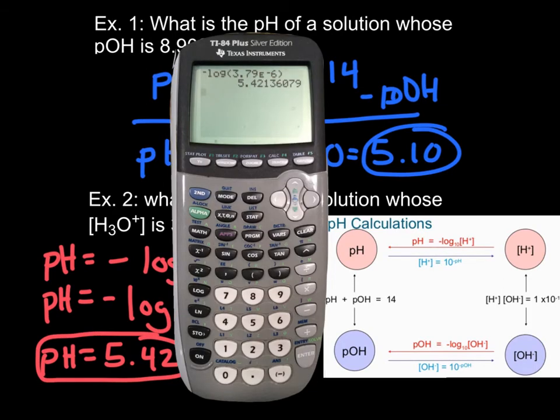If we look at the calculator, I took a picture of what I did. This is how we would actually key this in. We would key in the negative sign, then log, 3.79, second EE, negative 6, and then hit enter.